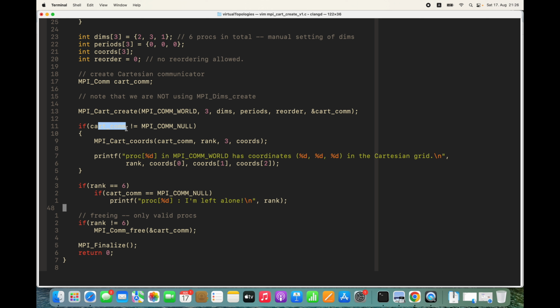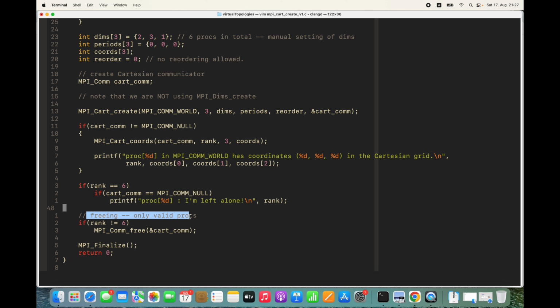If the card communicator is not MPI com null, then we ask for the coordinates and print something to the console. We know that process rank number 6, the last process, is going to be alone, so we check for process 6. And indeed, the value for card communicator is going to be MPI com null, and it's going to print that, hey, I'm alone.